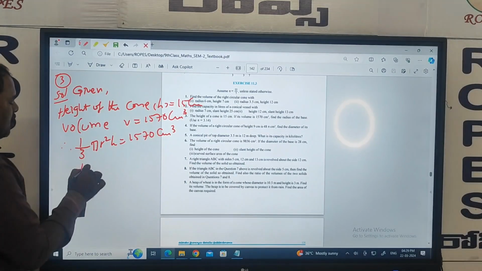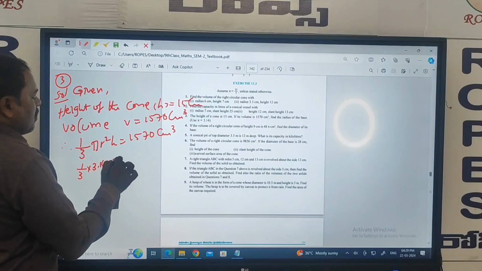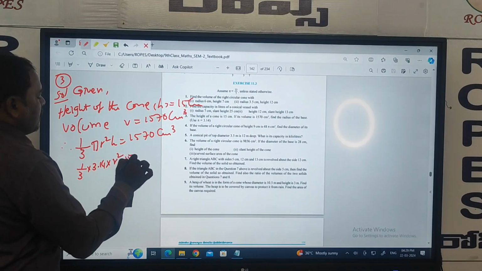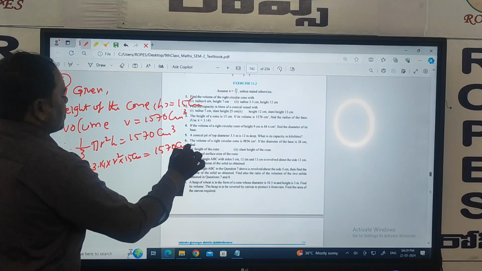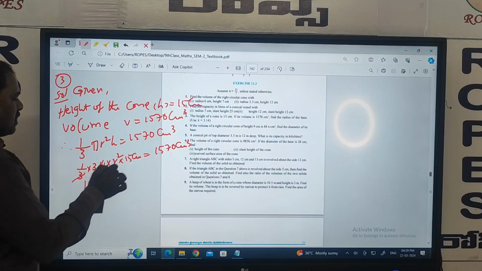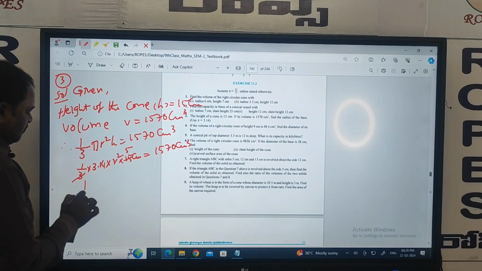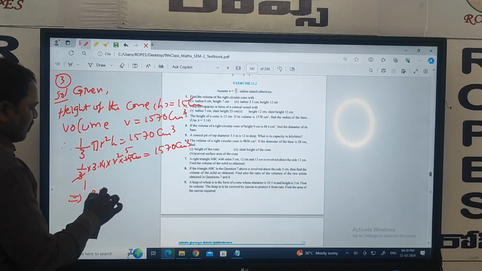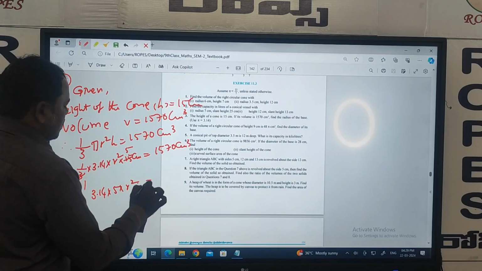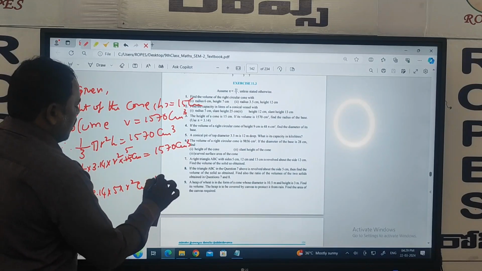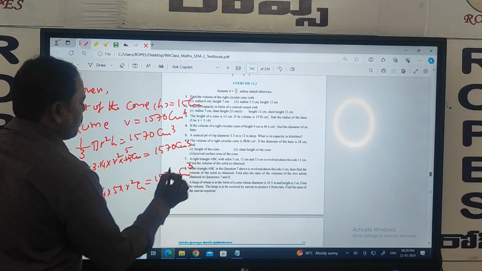Here 1 by 3 into 3.14 into r square into h, 15 centimeters, is equal to 1570 centimeters cube. So 3 ones are 3, 3 fives are 15. Now that implies 3.14 into 5 into r square centimeters is equal to 1570 centimeters cube.